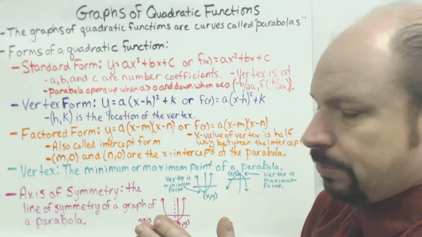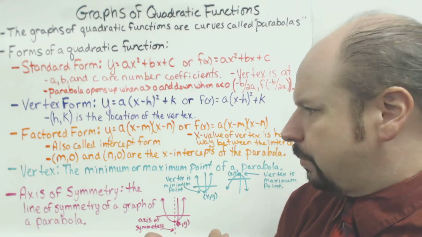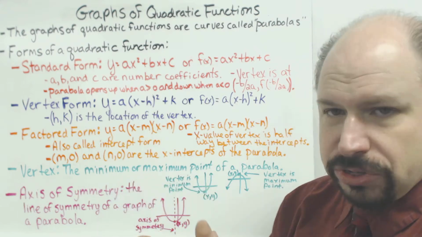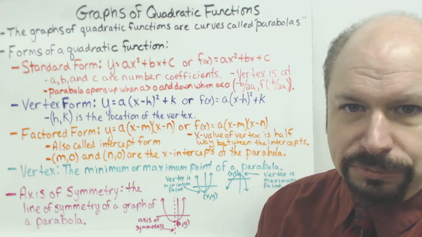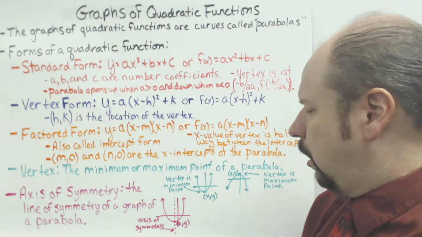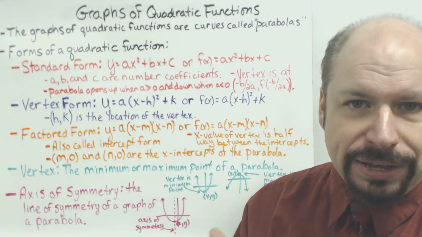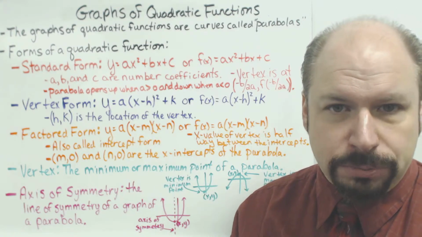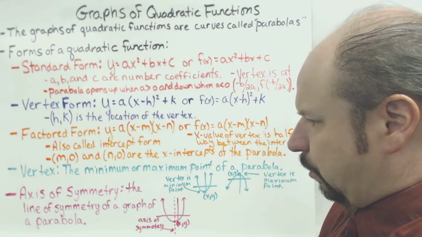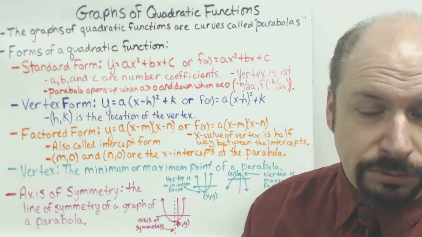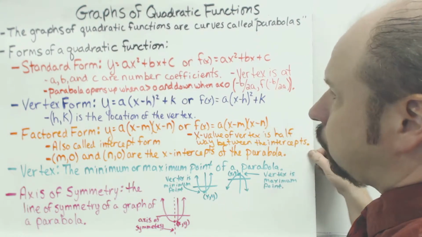And our two x-intercepts, of course, are (m, 0) and (n, 0). The vertex, of course, is just at either the bottom point or the top point, the minimum or maximum of the graph. And of course, the axis of symmetry has to go through that vertex in order for it to be symmetric. And again, that axis of symmetry is just the line of symmetry of the graph of our parabola.